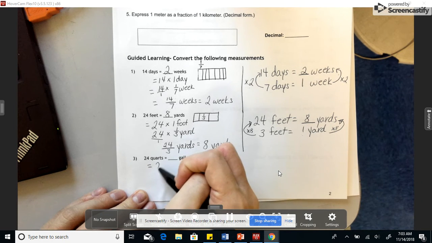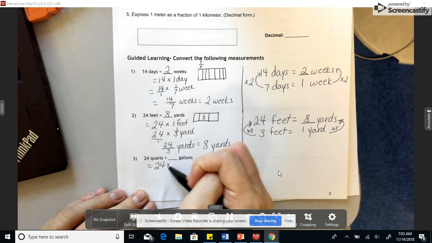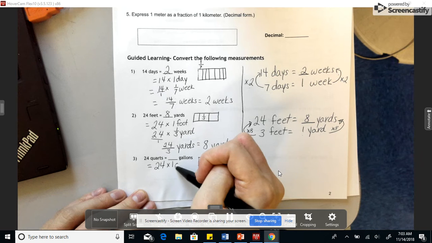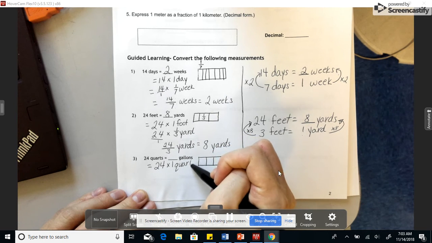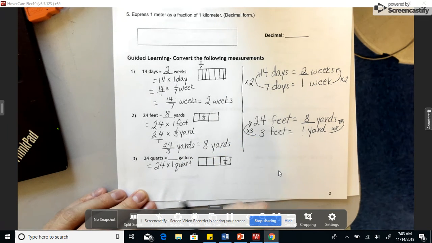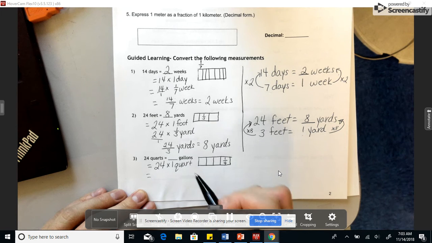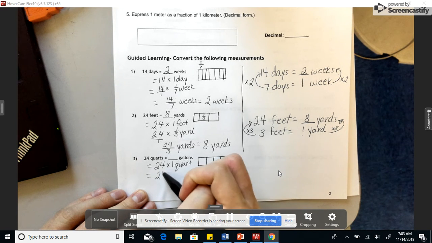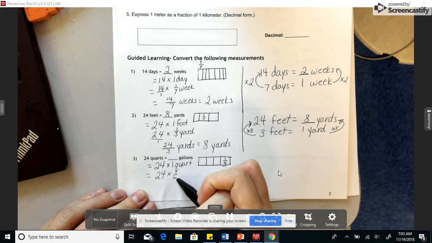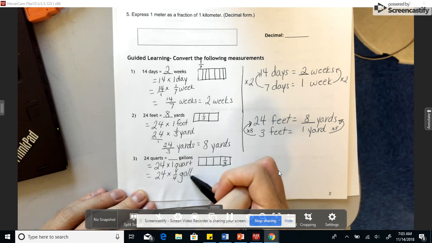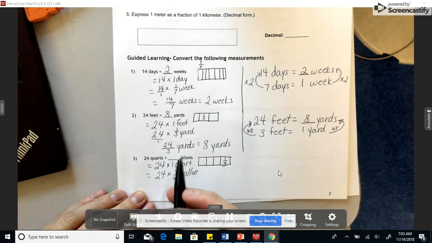Just like I did up here, I'm going to do 24 times 1 quart. Now, I'm going to rewrite quarts as if we were dealing with gallons. So I'm going to do 1/4 of a gallon. So 24 times 1/4 of a gallon. I know that 24 is the same as 24 over 1.